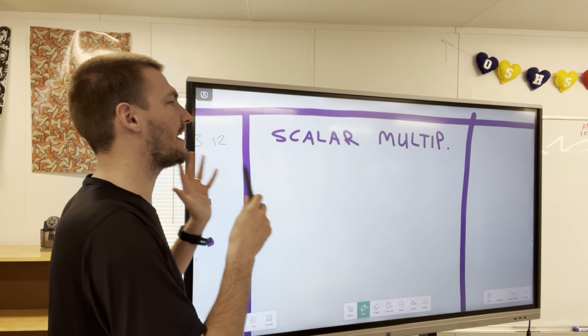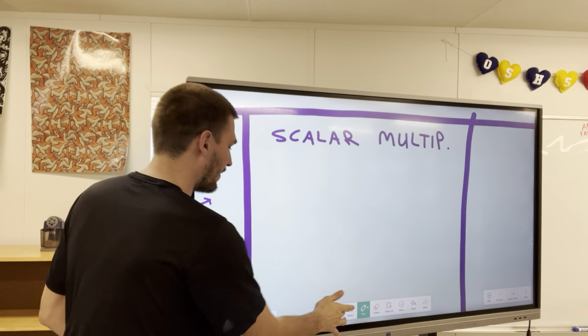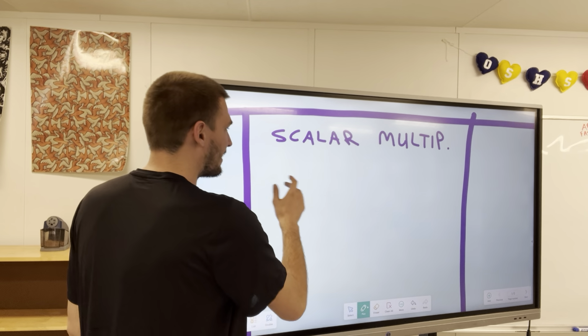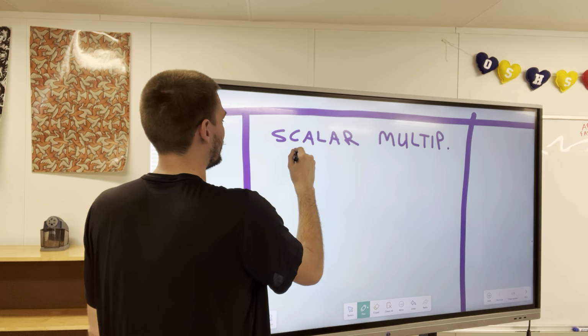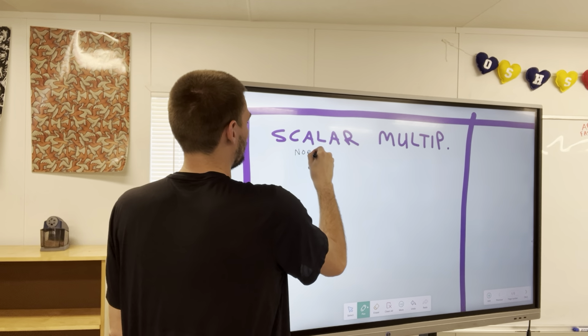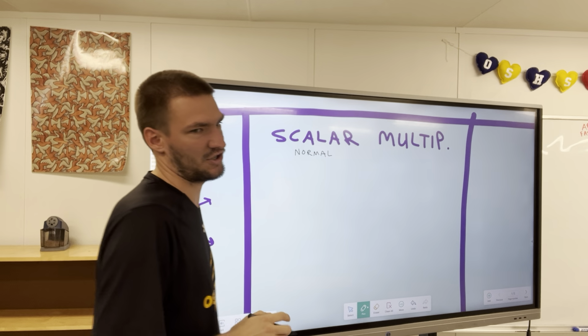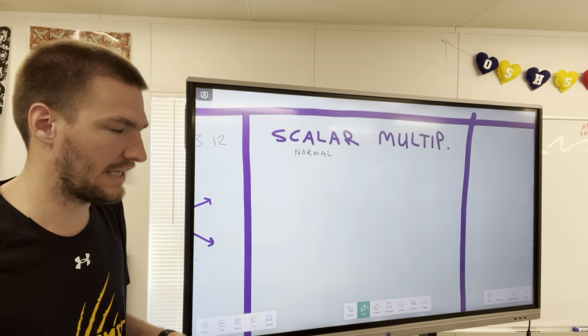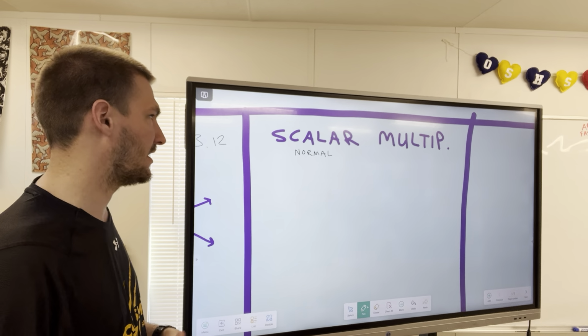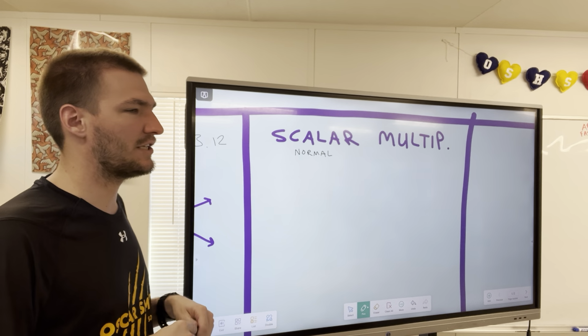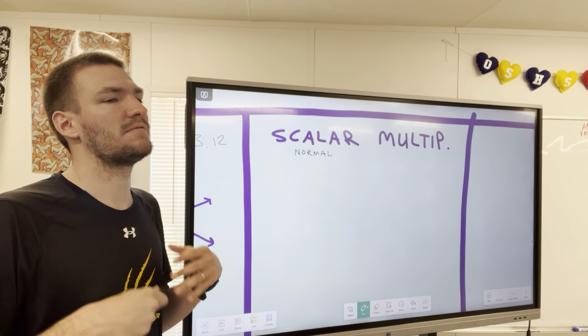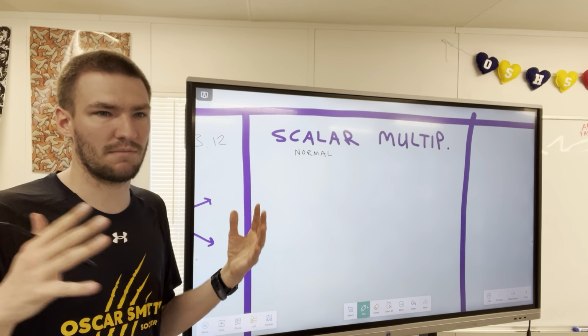This is scalar multiplication. Now, if you remember back to the start of the notes, a scalar number is just a kind of normal number, okay? It's just a plain old number like 30 or 70 or 100. And so a scalar multiplication is basically just a nice boring number multiplication.